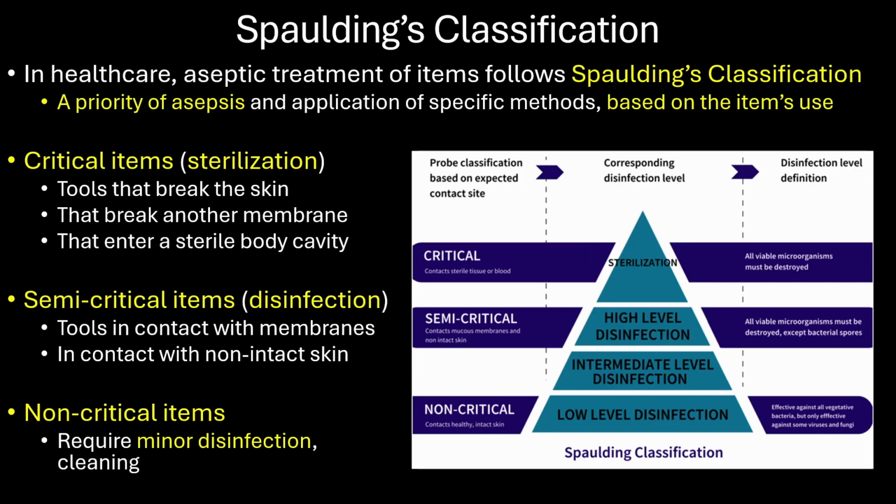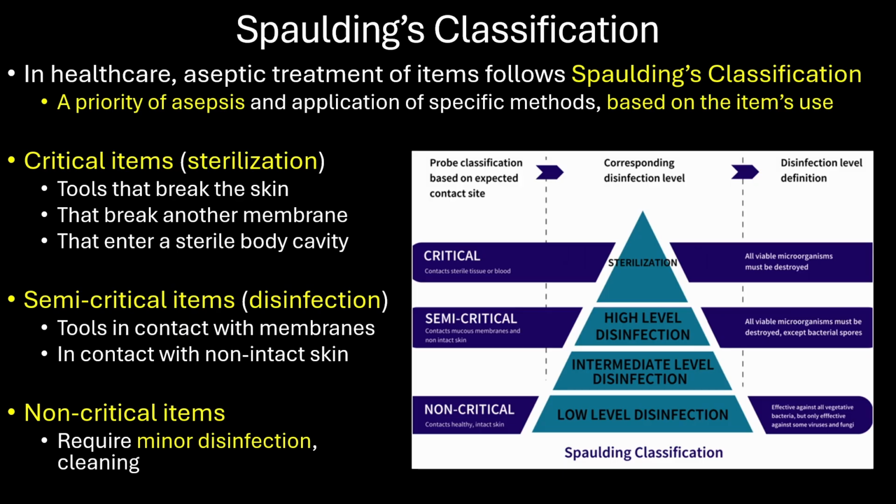Semi-critical items only require disinfection. So these are tools that are going to be in contact with different membranes, that will not necessarily breach those membranes, but will be in contact with them. And things that are in contact with non-intact skin need to be disinfected.